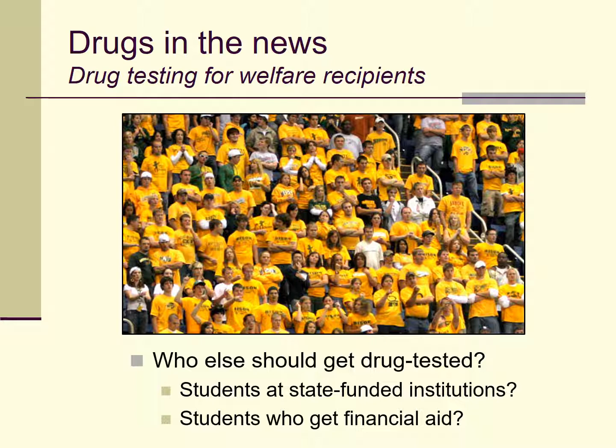I get a paycheck from the state of North Dakota. Should I be drug tested just because I'm getting government money? Should people who get financial aid, or people who get government assistance on their mortgage or their rent, be drug tested? Again, I think the idea of drug testing people who get government money probably starts with a good idea or in a good place, but goes pretty quickly to a bad place, something that I think most people, or at least I, would be uncomfortable with.